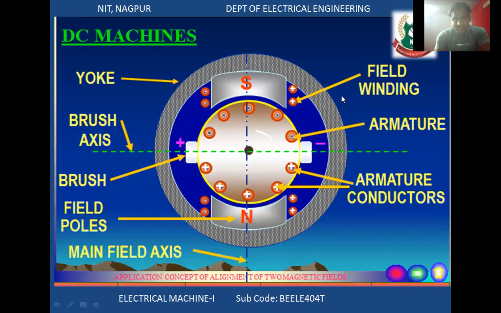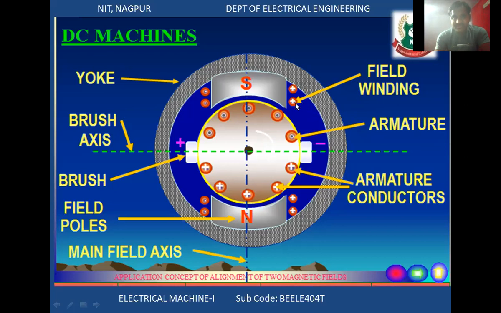This one is a field winding. The poles are there, field poles, south pole and north pole. Associated with these, the field winding will be there. These are the field windings showing minus, or you can say the dot, and then plus.